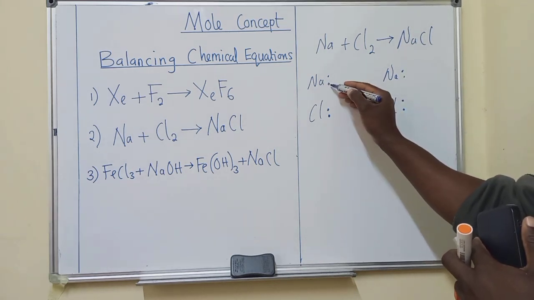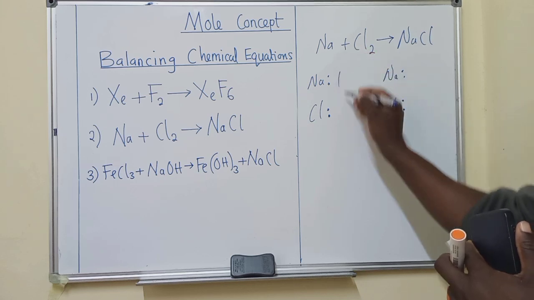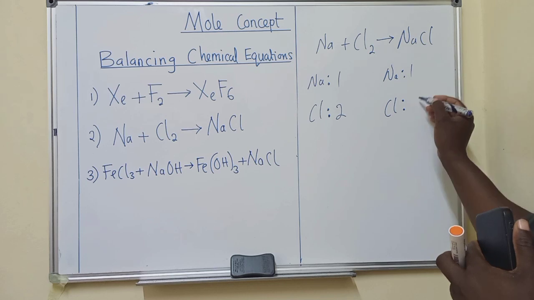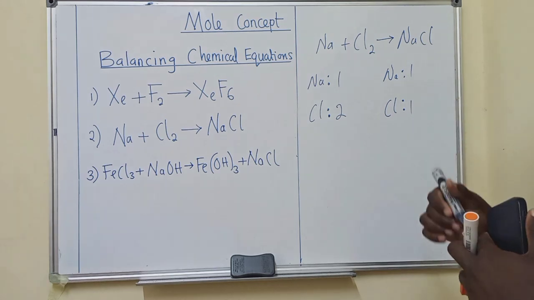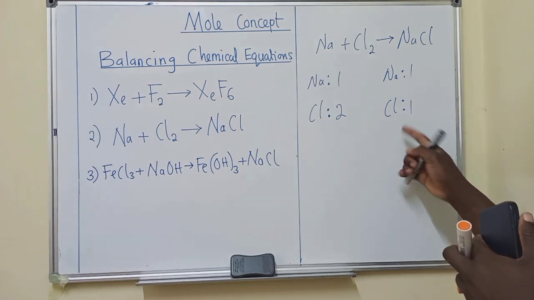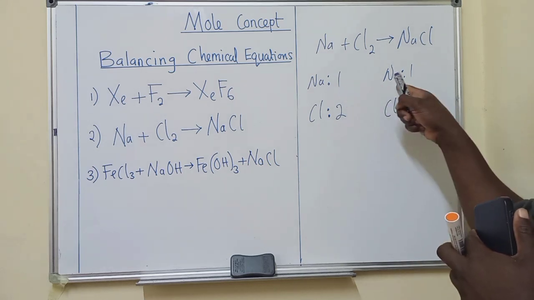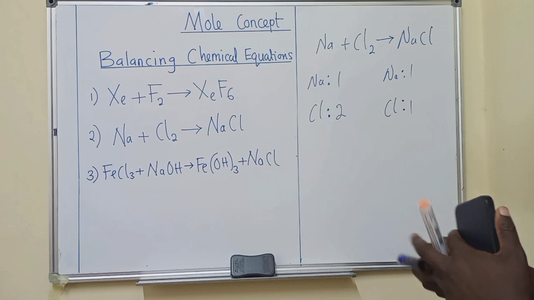Now check the number of atoms for sodium. It's 1, and here 1. What about chlorine? It's 2 on this side. Sodium on this side is 1, and here it's 1. So where are we not balanced? It's on chlorine. Sodium is balanced, but chlorine is not.